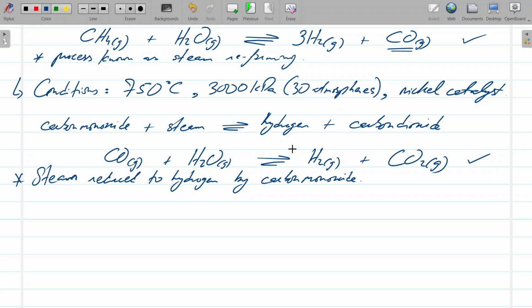How has the steam been reduced? What has happened over here that tells you that steam has been reduced? Remember oxidation and reduction. We're saying reduction has taken place for steam. It has lost oxygen. Exactly. Over here it had oxygen, over here, no oxygen. So one of the definitions of reduction is loss of oxygen.